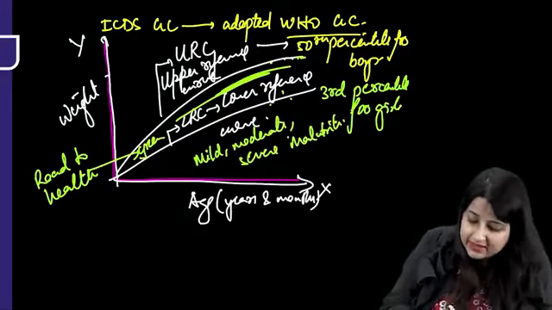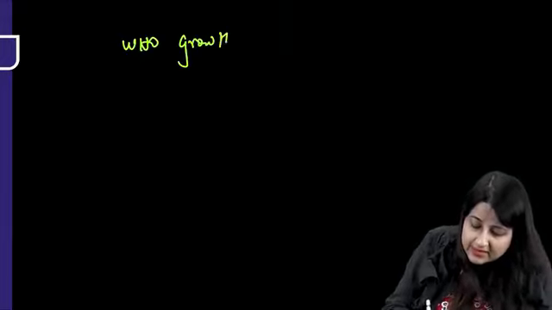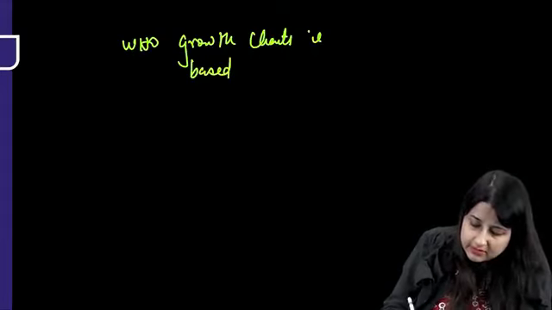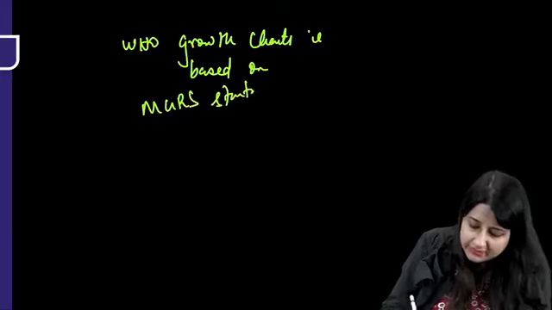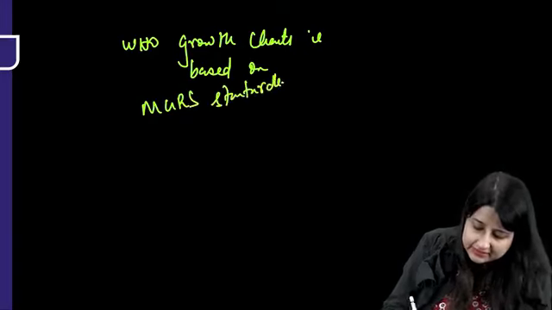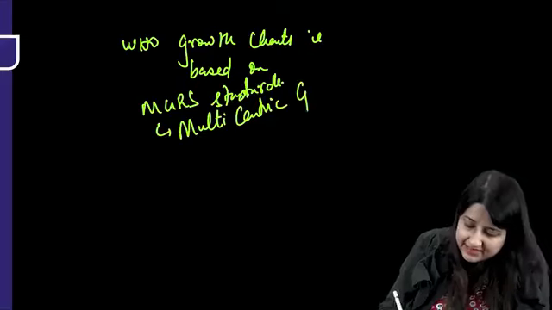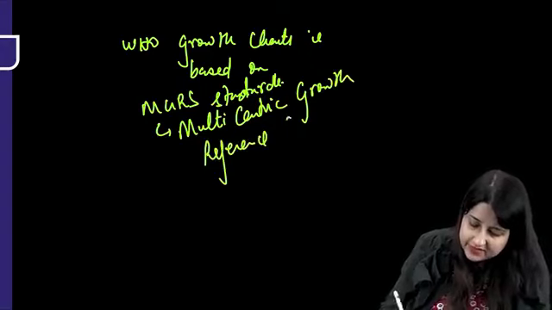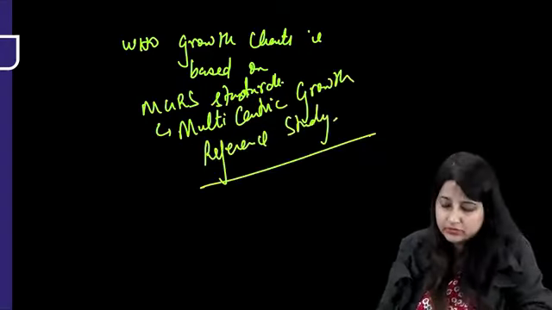And remember one thing, WHO growth chart is based on what? MGRS standards. What is MGRS standards, guys? It is actually a multi-centric growth reference study. It was conducted in 6 countries, out of which India was also a part.